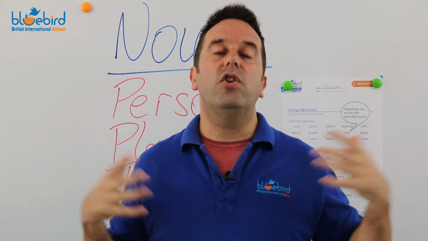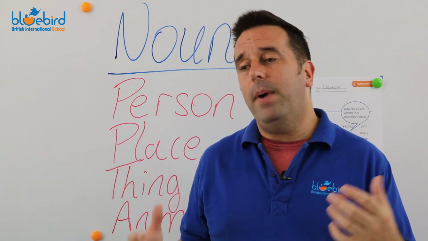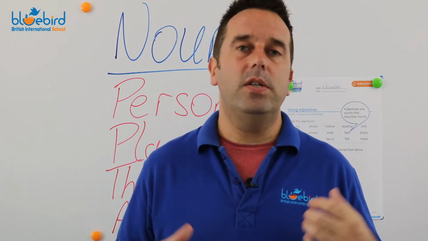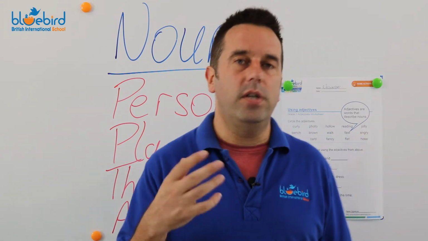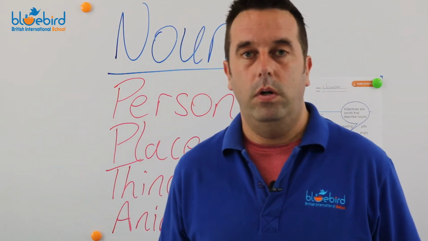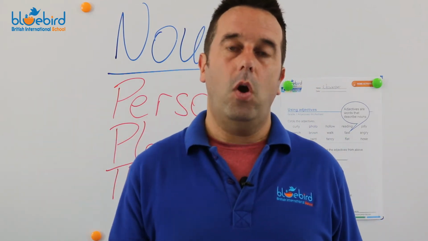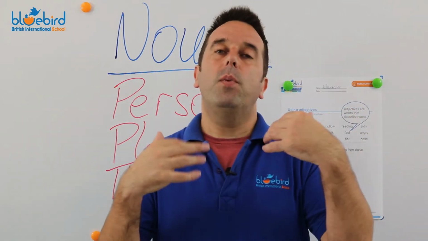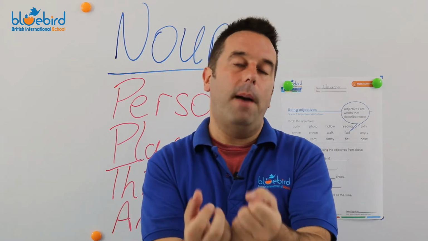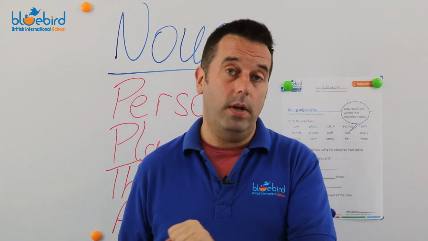And now we're going to describe it. And what I mean by that is that you're just giving it information. Instead of me saying the pencil, the dinosaur, the room, the teacher, if you give it with adjectives, you're just giving more information about that noun.